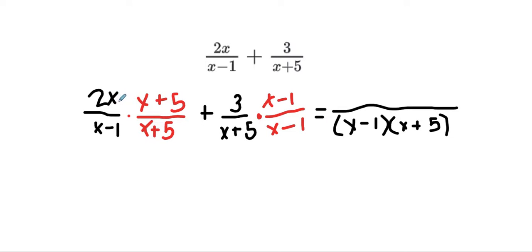This first one, when I take 2x and multiply it by x plus 5, I get 2x squared plus 10x. Let's shift all this over quick.